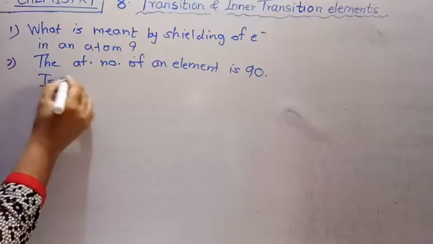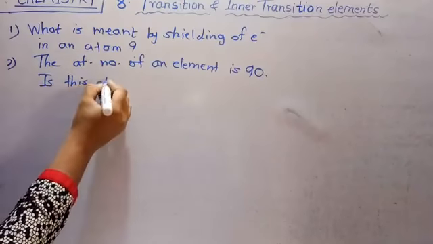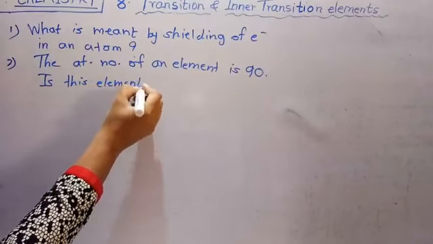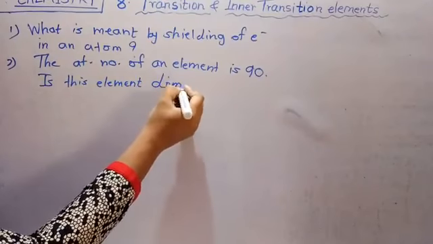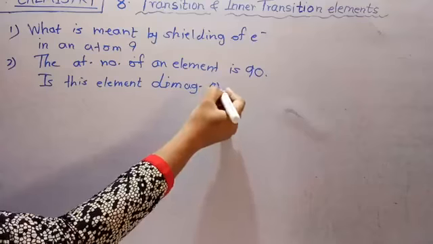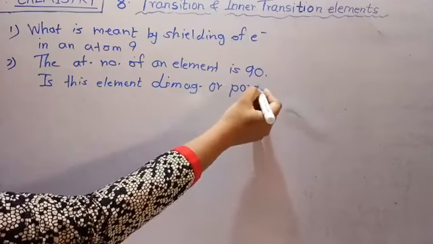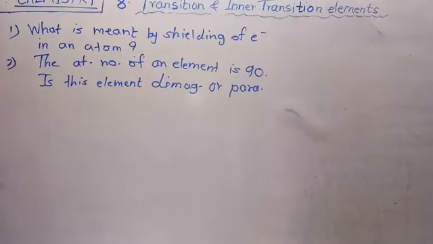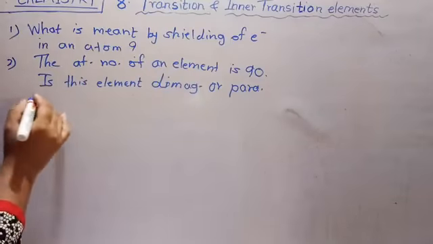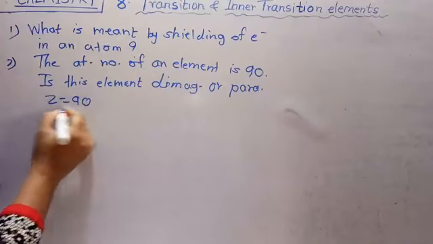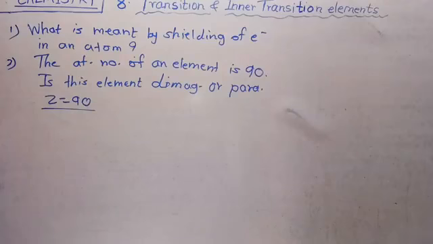Is this element diamagnetic or paramagnetic? See, this is a magnetic property, right? And the element with atomic number 90 is from the inner transition elements.